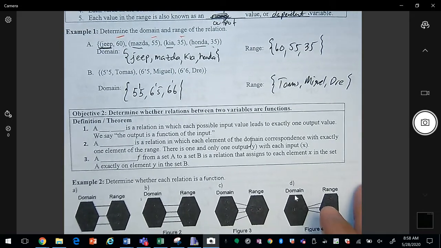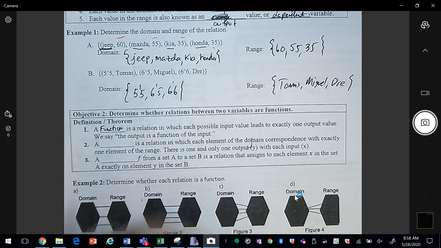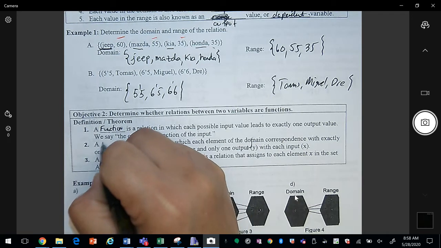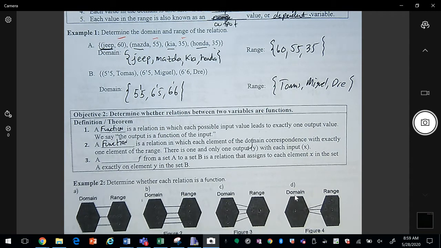Now let's look at the next objective. A function is a relation in which each possible input leads to exactly one output. We say the output is a function of the input. Another way to look at it is that a function is a relation in which each element of the domain corresponds with one element in the range.